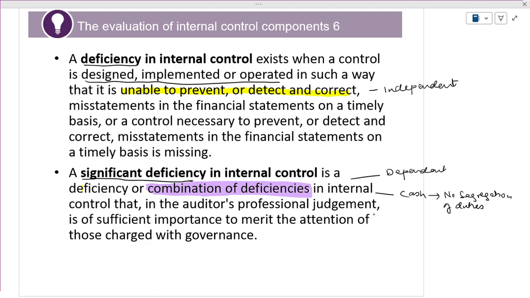One person collects the cash, counts the cash, records the cash, deposits the cash, and does the bank reconciliation. That is a significant deficiency. Again, in the examination, they will ask what the significant deficiencies are.